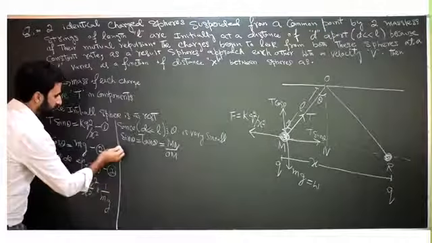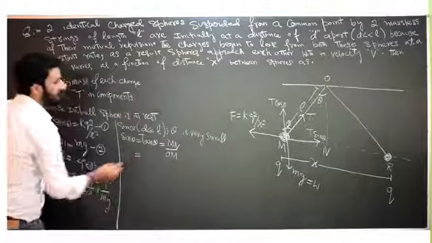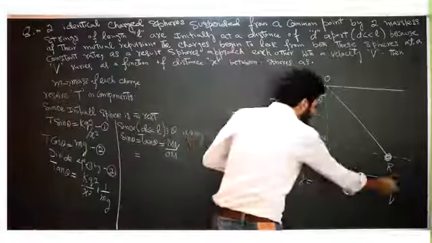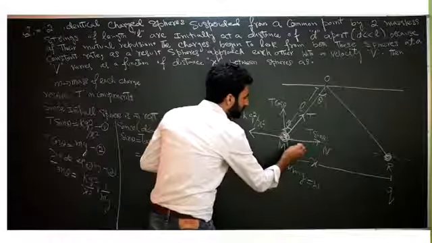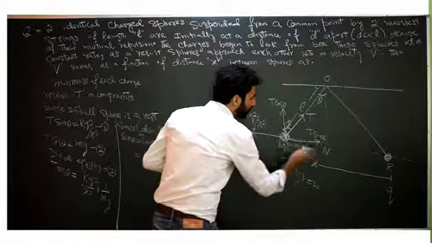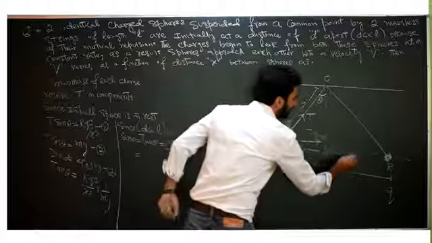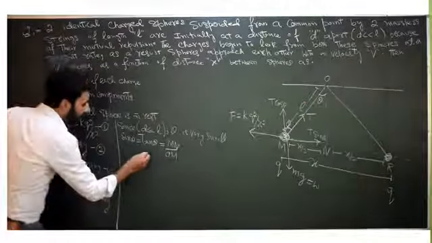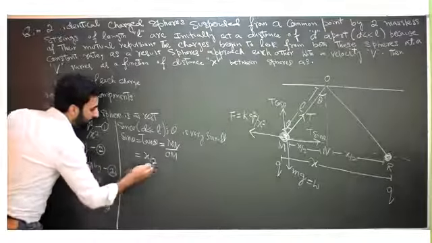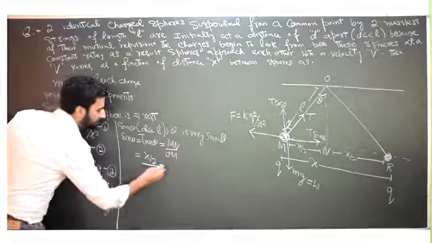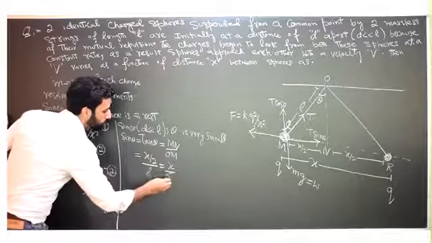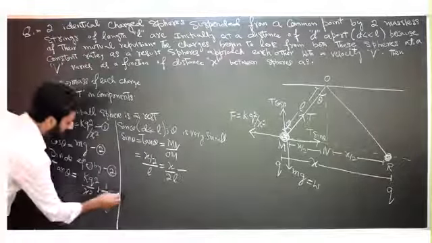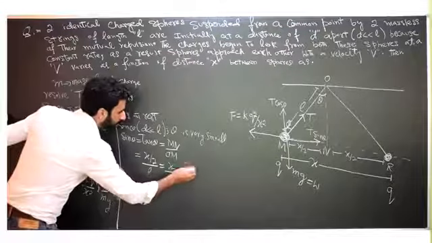Total here is x, so mn will be equal to x by 2, and this much will also be equal to x by 2. And this is equal to L. So this will be x by 2 divided by L, or x by 2L. Let's call this equation 4, since this one was 3.